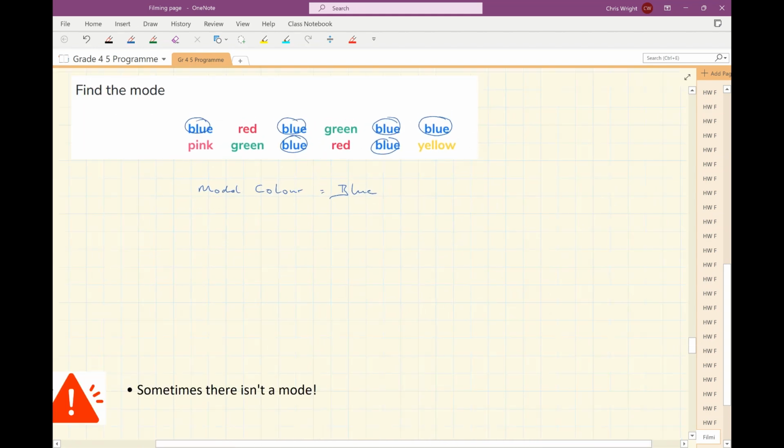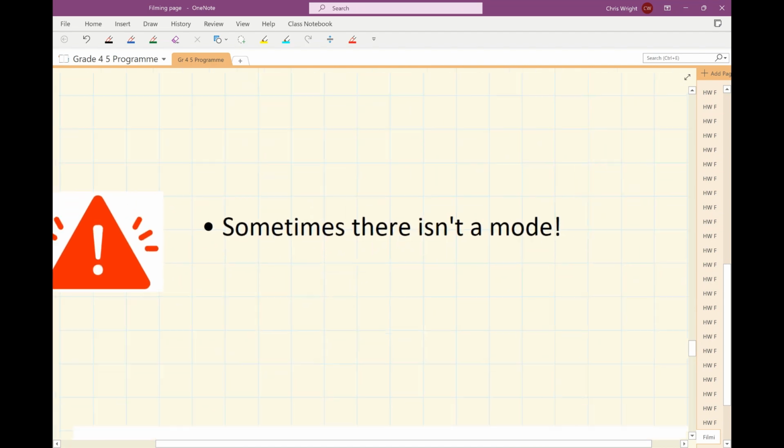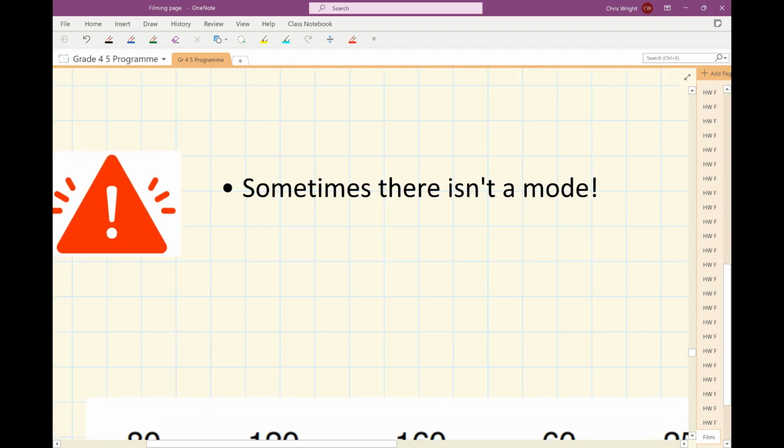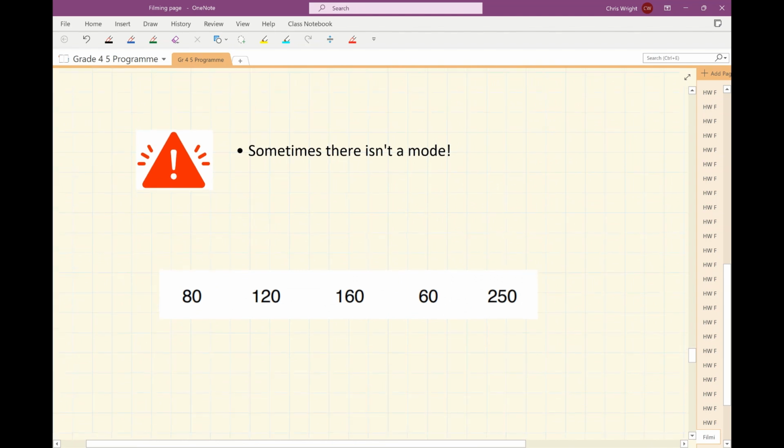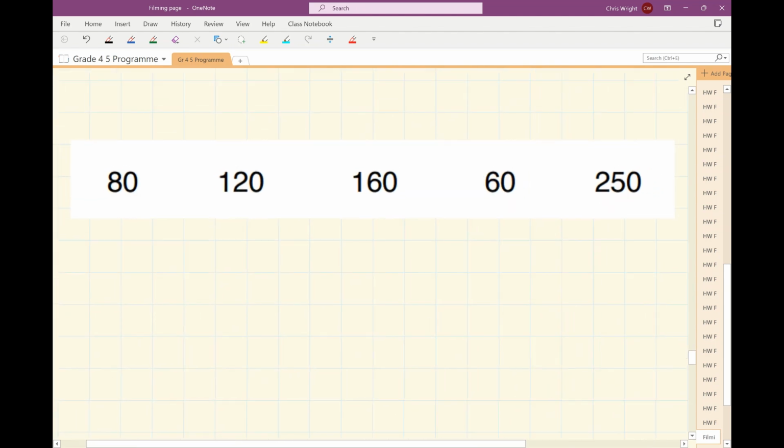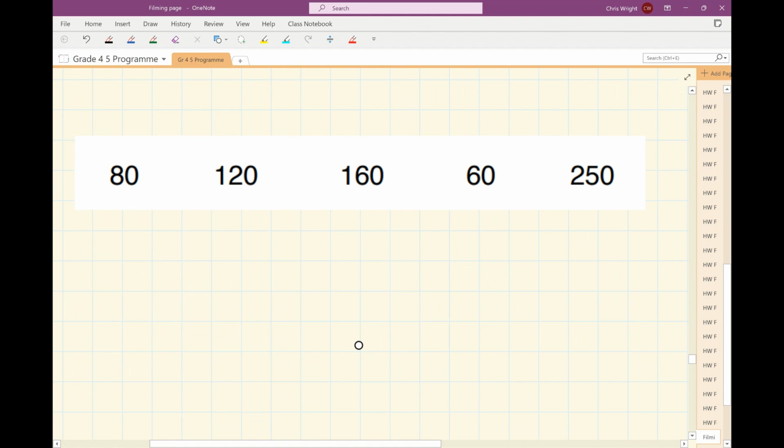All right. Now look out, because sometimes there isn't a mode. Sometimes there isn't a number that you see the most. In these 5 numbers here, each number only appears once, so there isn't a mode. And indeed, if you have a think about these numbers, 40, 30, 60, 60, 30, and 40, which is the number you see the most there?